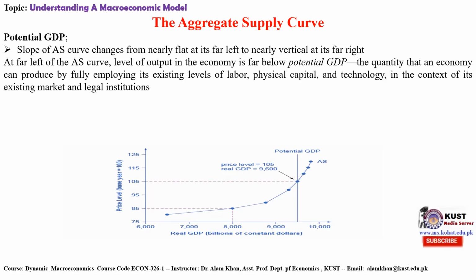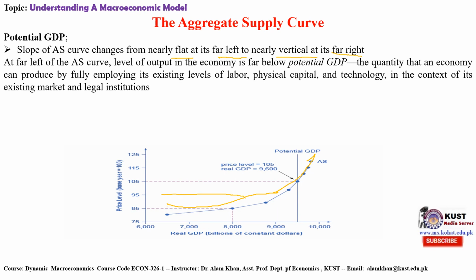If you look at the supply curve shape, the slope of the aggregate supply changes from nearly flat at its far left to nearly vertical at its far right.